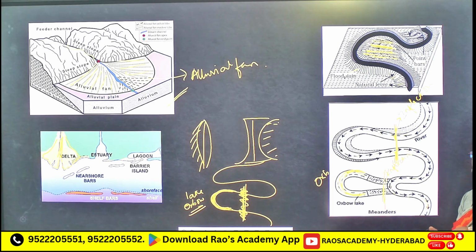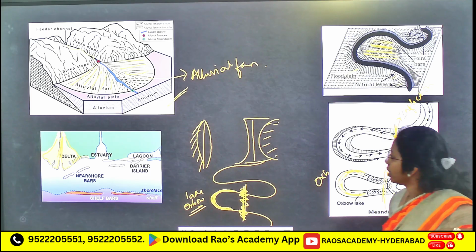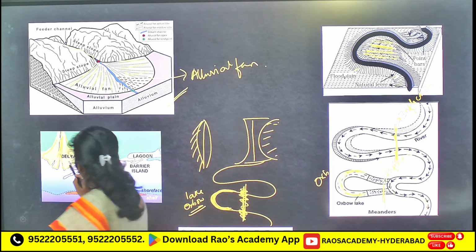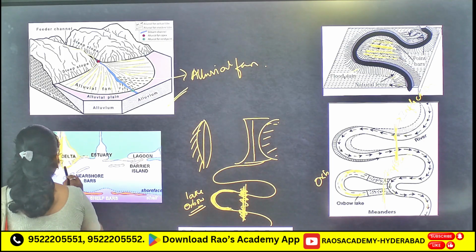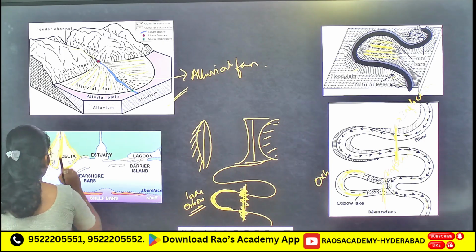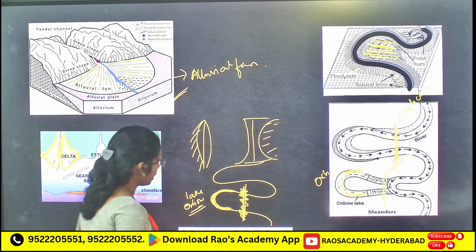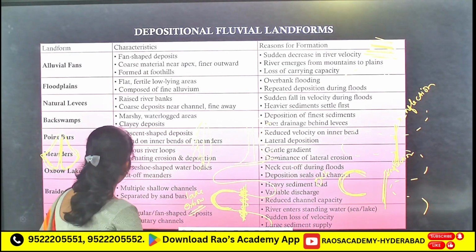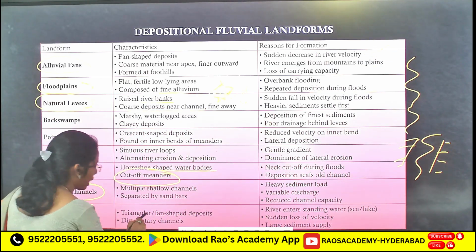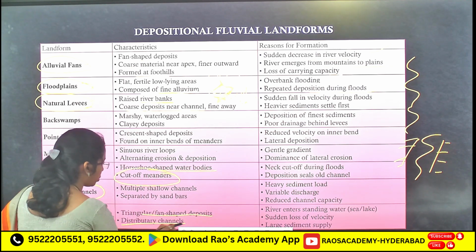The load is not carried into the sea, it is distributed along the coast. You know the Godavari delta, they are very fertile, triangular or fan shaped deposits, with distributary channels.